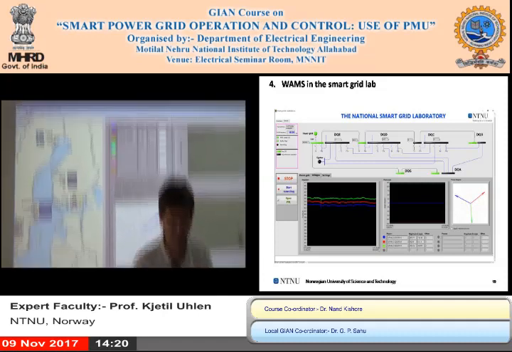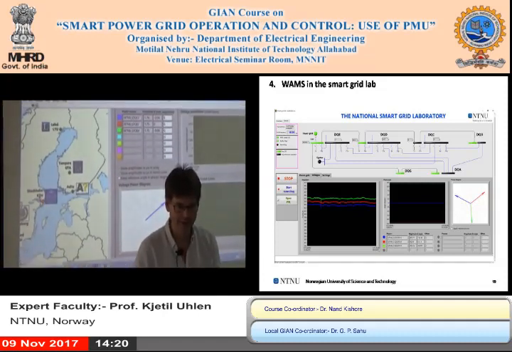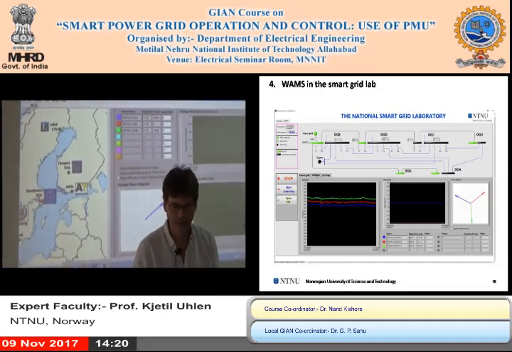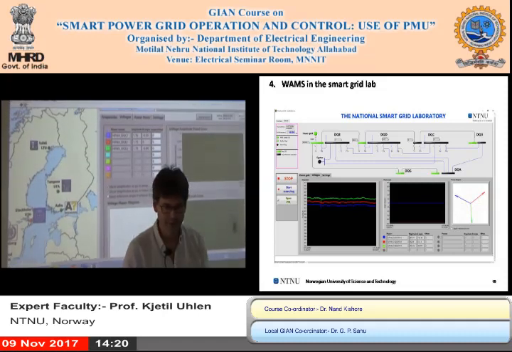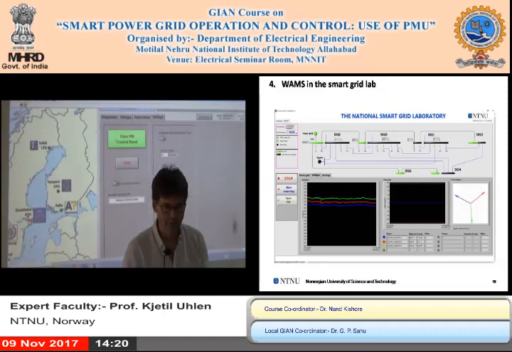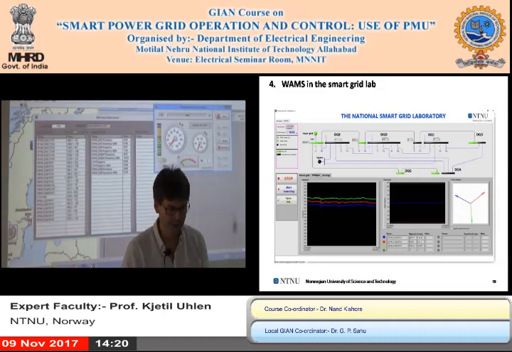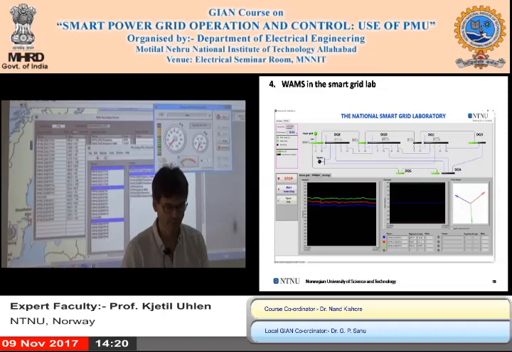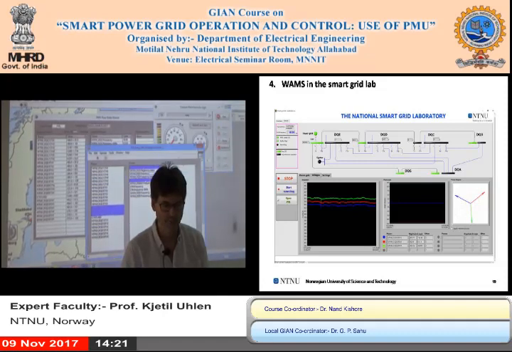So let's go back and look at one voltage. Let's pick this one. Now I rather pick the three phases of that voltage and the frequency.